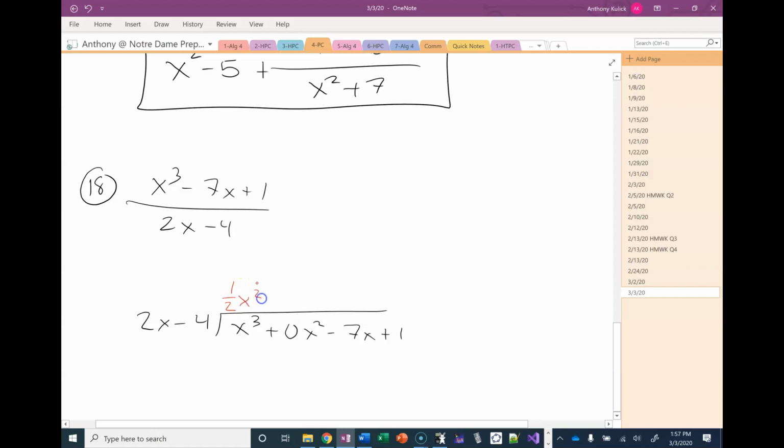And then it has to be x squared because x squared times x gives me the x cubed. Everybody's okay with that idea? Okay, I'll do that. So it's going to give me x cubed minus 2x squared. And then we'll subtract down to get 2x squared, and then bring down the next piece.